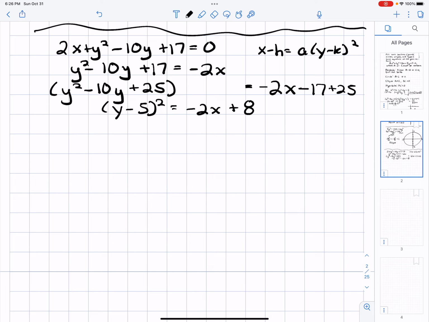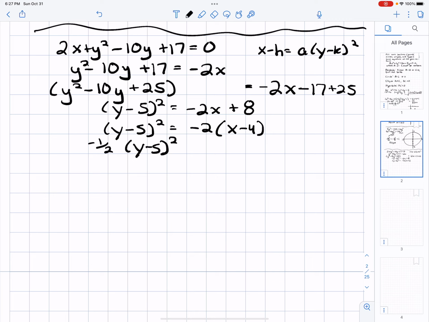If I need that a, I'm going to go ahead and factor a negative 2 out on the right. And then I'm going to divide both sides by negative 2. So I end up with negative 1/2 times y minus 5 squared equals x minus 4.